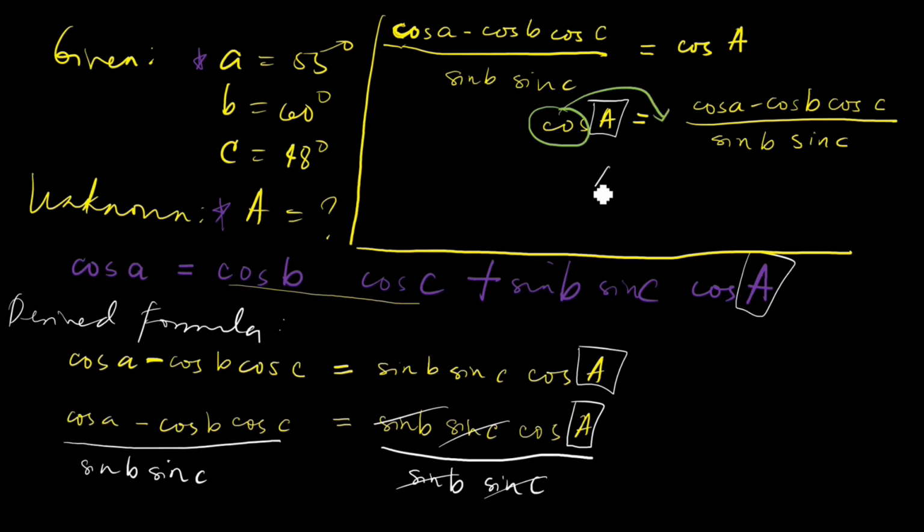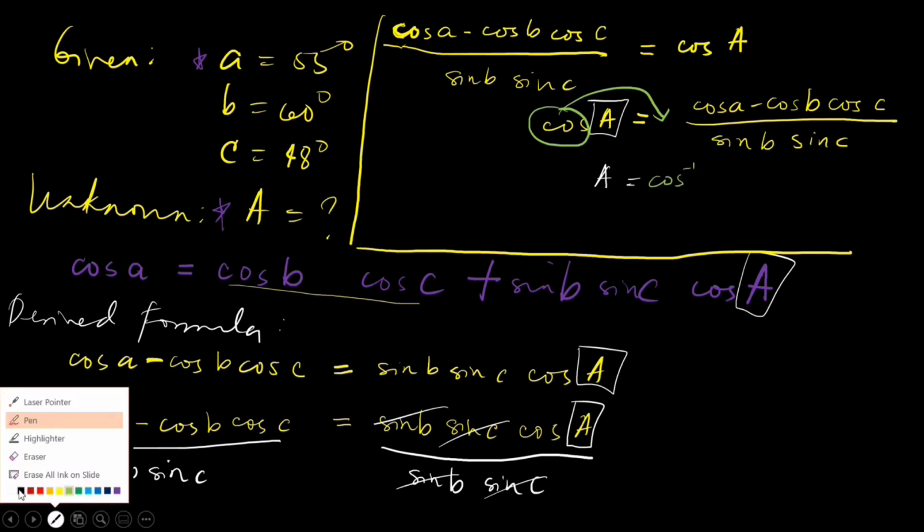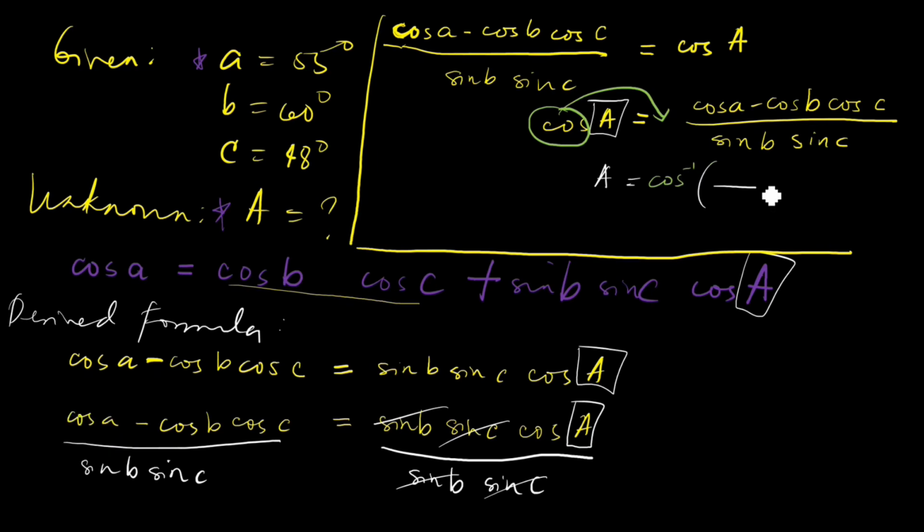We have big A equals inverse cosine, then just copy the right side: cosine of small a minus cosine of small b, cosine of small c, over sine of small b, sine of small c. After this, you can already substitute.